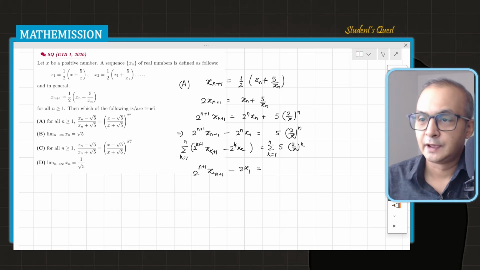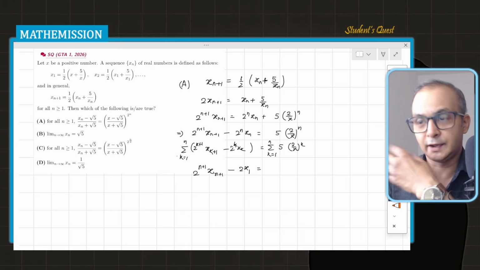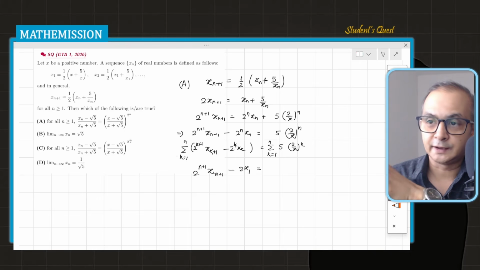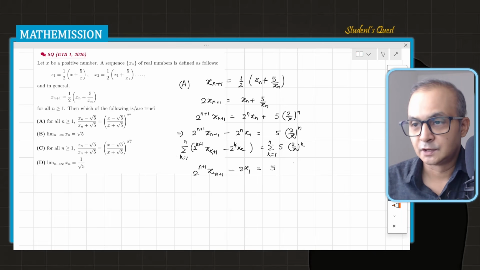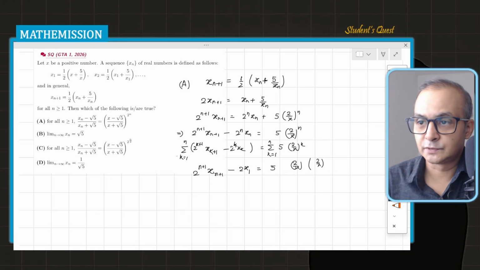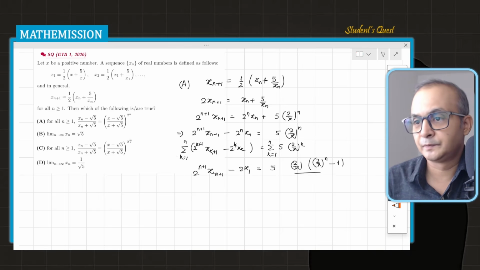And here you notice that 2 by x to the power k will produce a GP sum. 5 will be factored out, and this is a GP of n terms whose first term is 2 by x, and the common ratio is also 2 by x. So we can write 2 by x times 2 by x to the power n, because n number of terms we are adding up, divided by 2 by x minus 1.